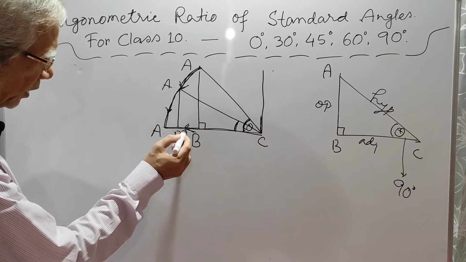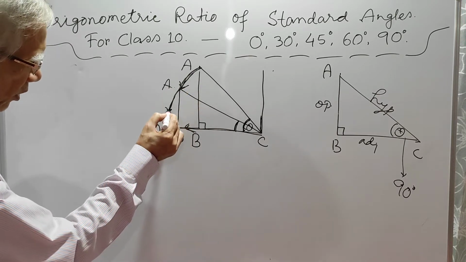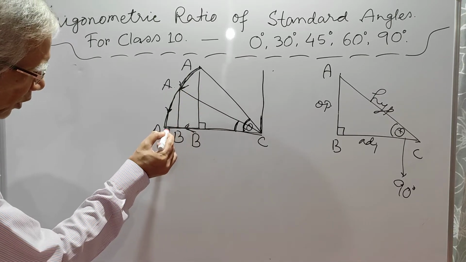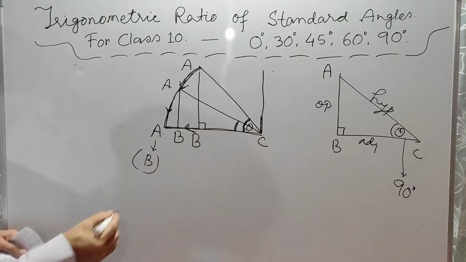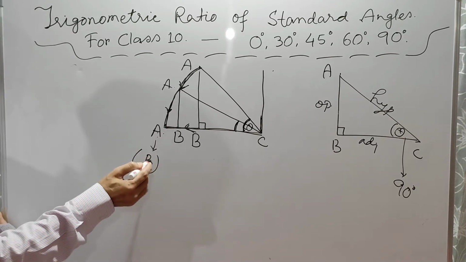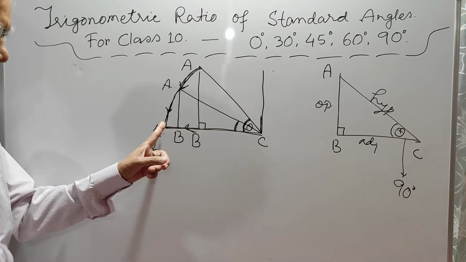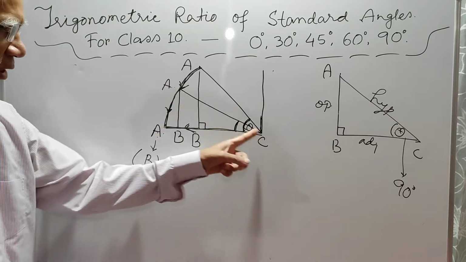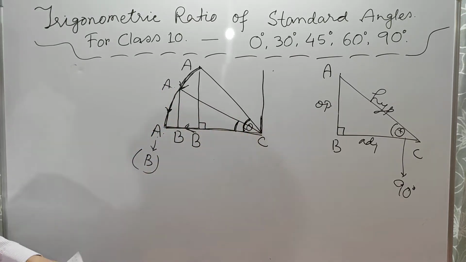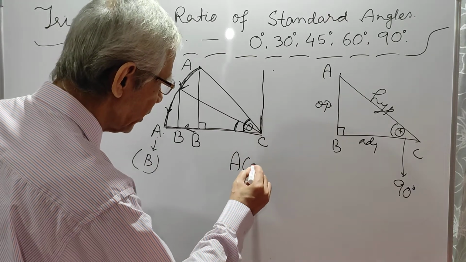And as A is coming to this position, B will move to this position. That means this point will be A as well as B. Point B will coincide with A, and AC will coincide with AB.